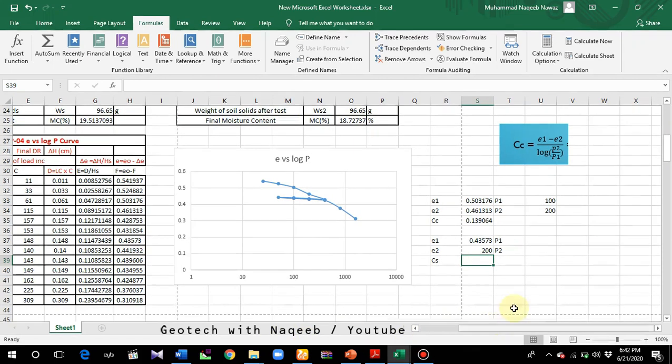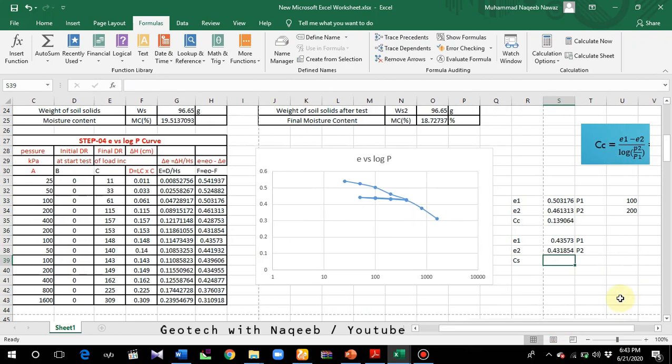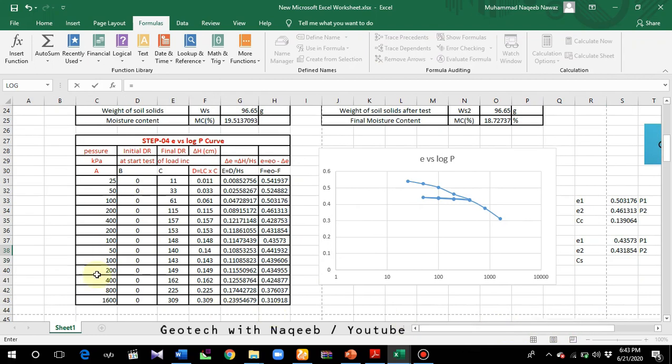Now I will be selecting this value. There is some mistake over here. Here I will be selecting the value corresponding to 200 of unloading. Now I'll have to select P2, that is the 200 unloading value, because it is swelling.